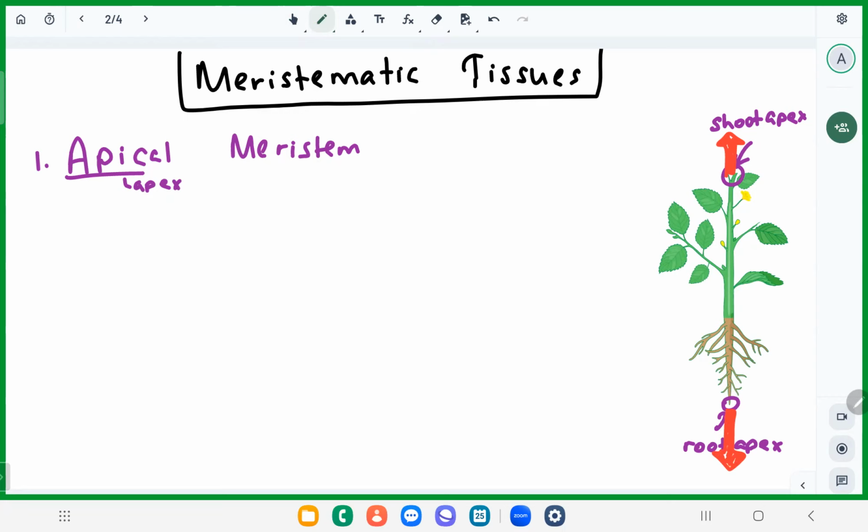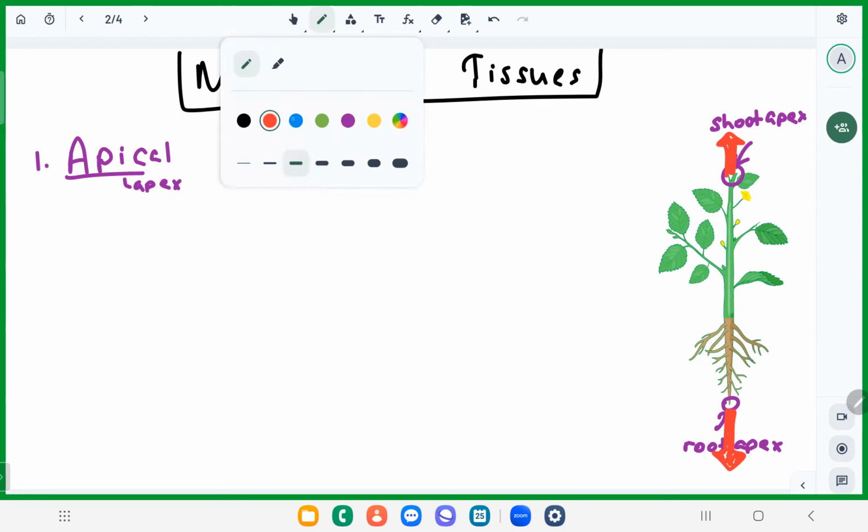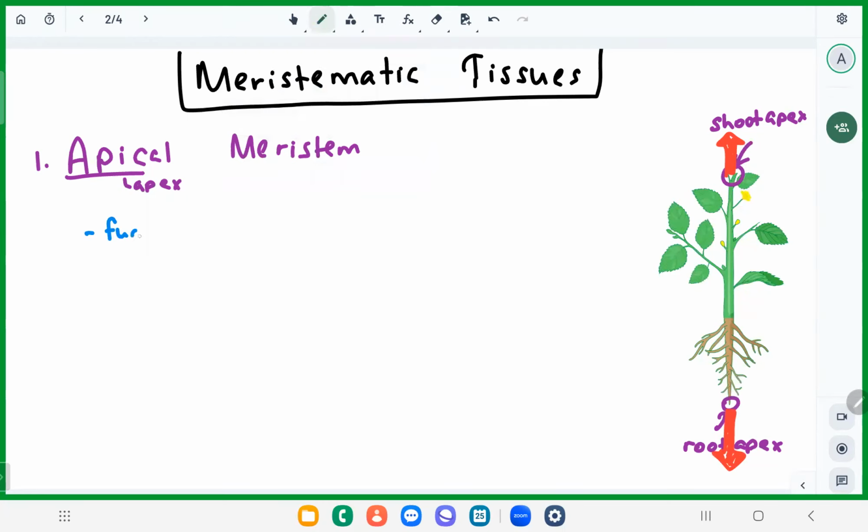So in general, we say that the function of the apical meristem is to increase the plant's height. The shoot apex as well as the root apex, both of them together, help to increase the plant's height. So this is where it is located, and this is the function of the apical meristem.